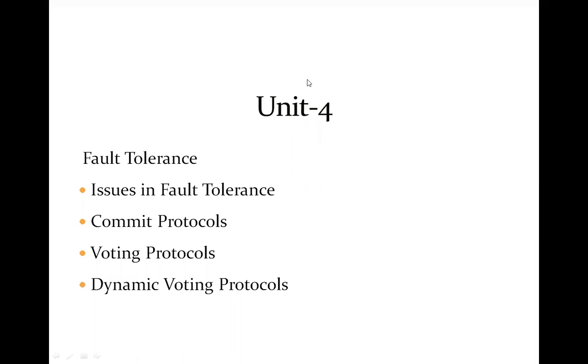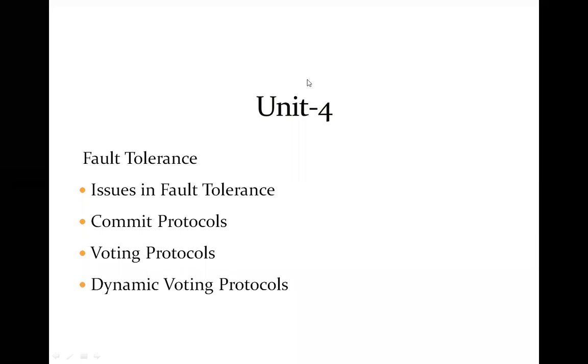The second is that if a failure is going to occur, the system should exhibit a well-defined failure behavior so that it will be able to facilitate some kind of action which will be more suitable for recovery.